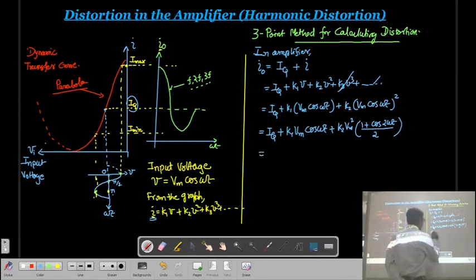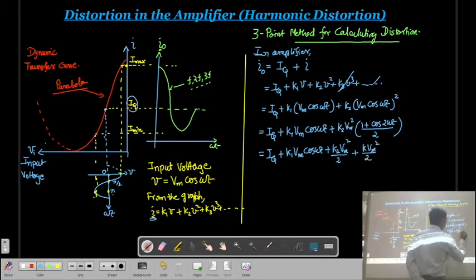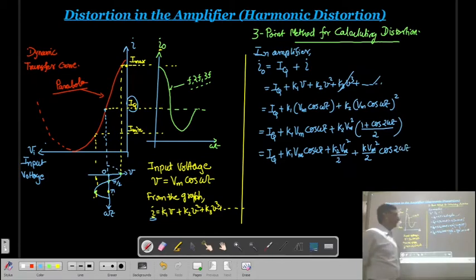And this is equal to IQ plus K1 Vm cos omega t plus K2 Vm square by 2, and opening the bracket, plus K2 Vm square by 2 into cos 2 omega t.